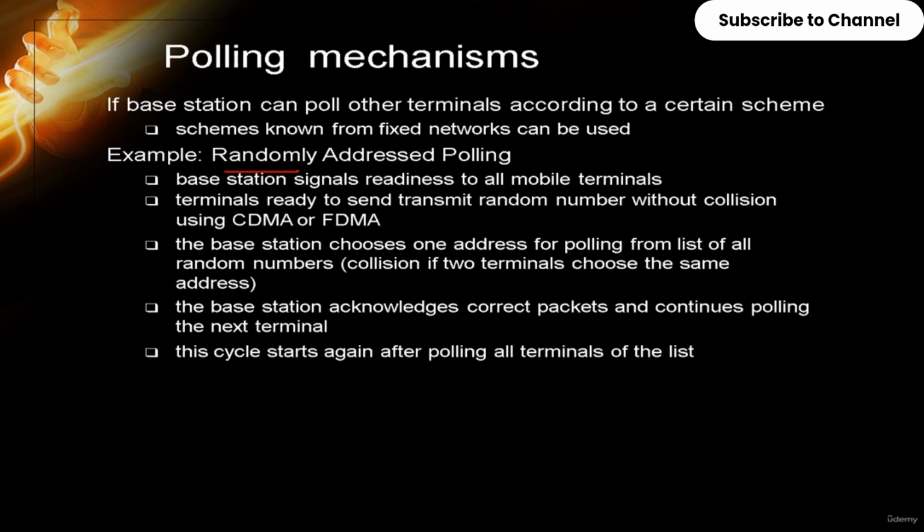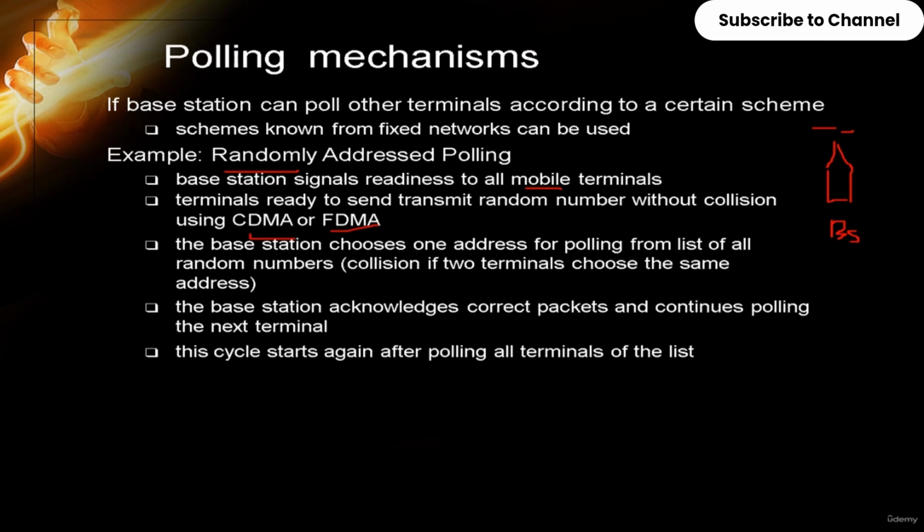A base station signals all the mobile stations. The terminals ready to send transmit random numbers without collision using code division multiple access or frequency division multiple access. The base station chooses one address for polling from the list of all random numbers.